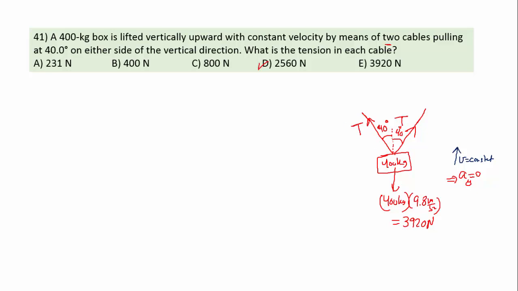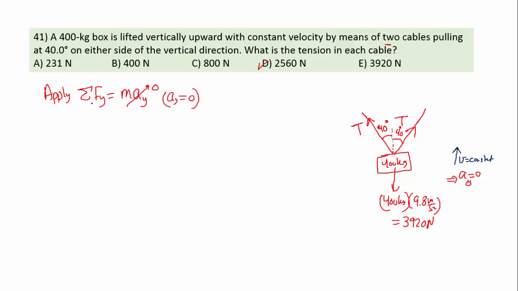But now we are asked to find the tension, so we apply Newton's law in the y direction. The sum of the forces in the y direction is equal to the mass times the acceleration in the y direction, and here the acceleration is 0 because the velocity is constant.